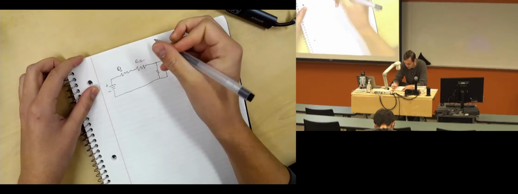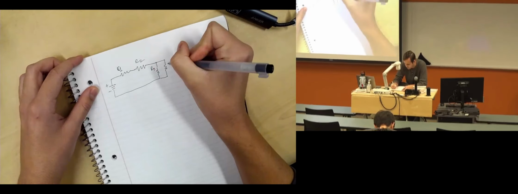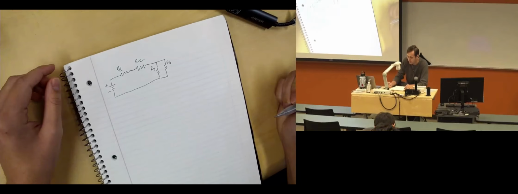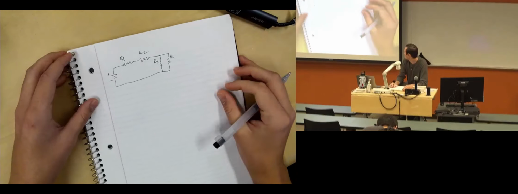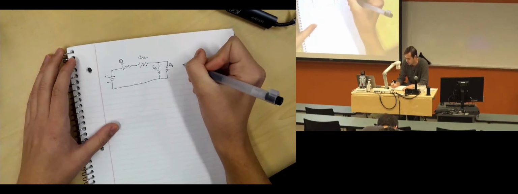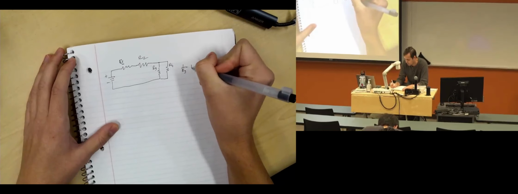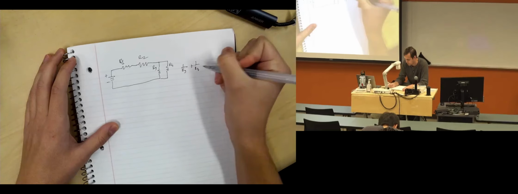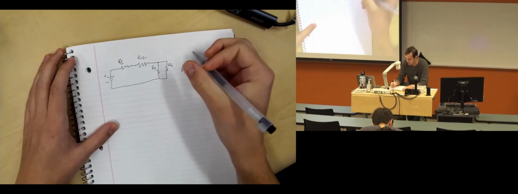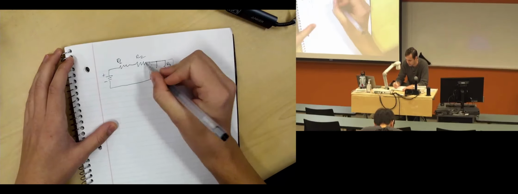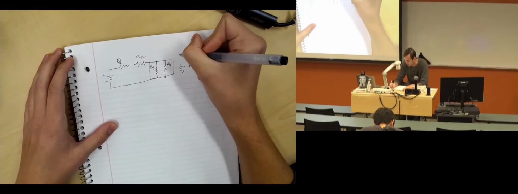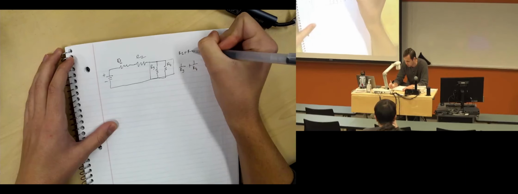Don't mind my drawing skills. It's not great. OK. So we already talked about the parallel case. Our equivalent is 1 over R3 plus 1 over R4 for this section. And we already talked about the other one, which is R1 plus R2.